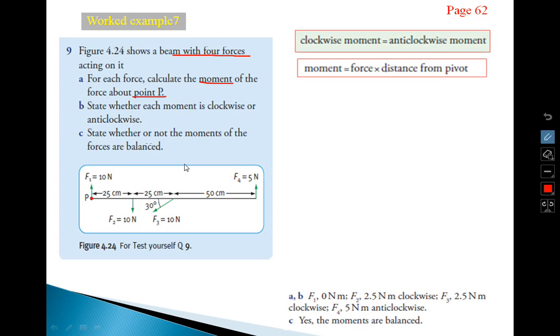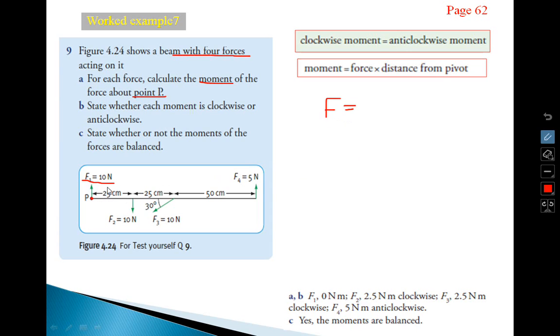So we'll give you a key of solution and please try this question by yourself. It's very easy. It's exactly the same as the previous one. What we have here, this is the pivot. We have force number 1, F1 is 10 Newton, located at the center of the pivot. So the distance is equal to what? 0.